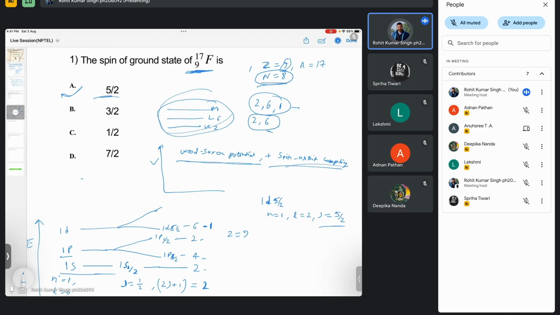Okay, so this is the most crucial part of this shell model. It is for the whole ground state of this nucleus that this spin is there. Okay, it is governed by just the one unpaired proton.